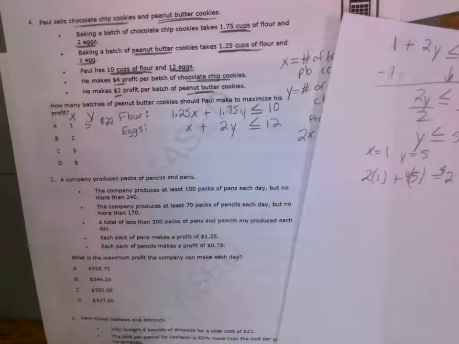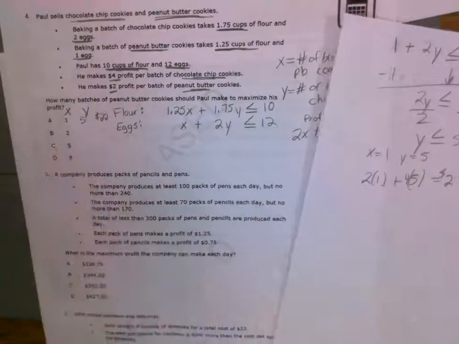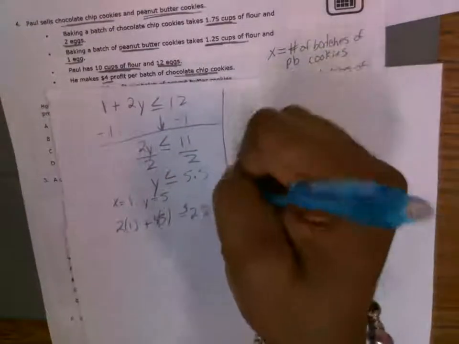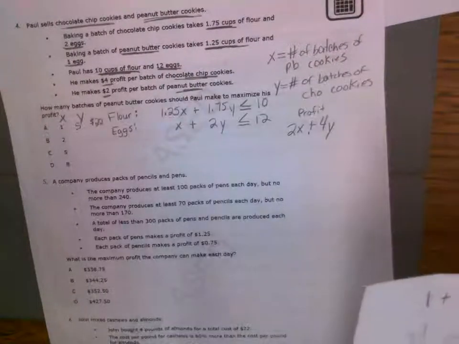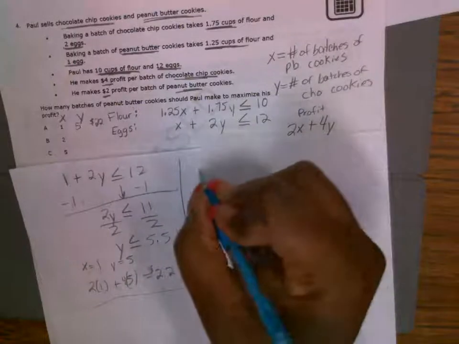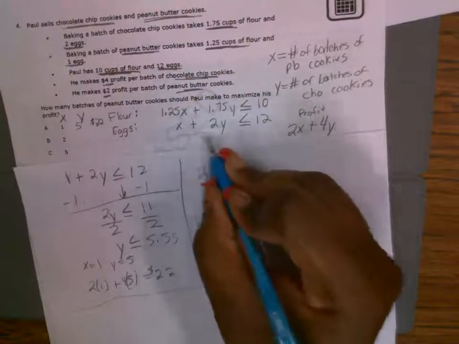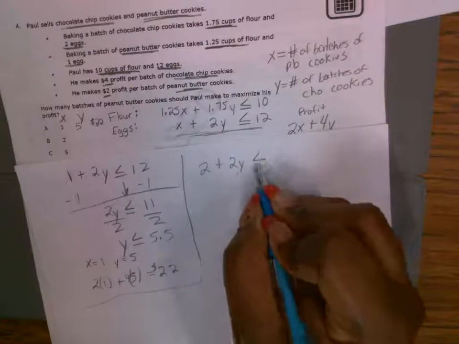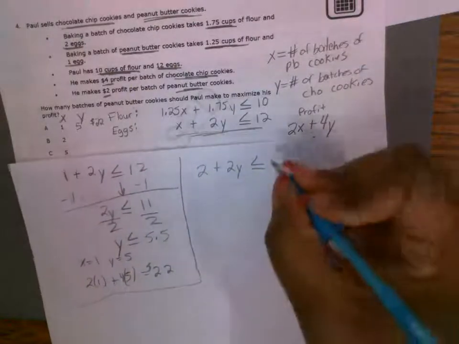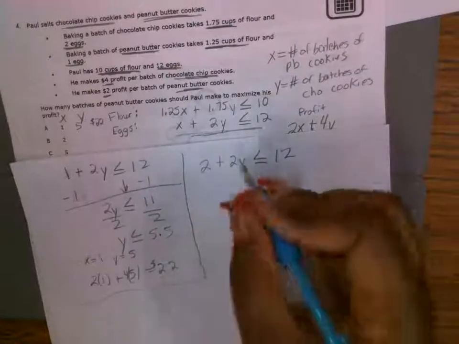The next one, let's do 2. Let's substitute again. This time we have 2. We're using this because this is the easier equation to do. 2 plus 2Y equals 12.